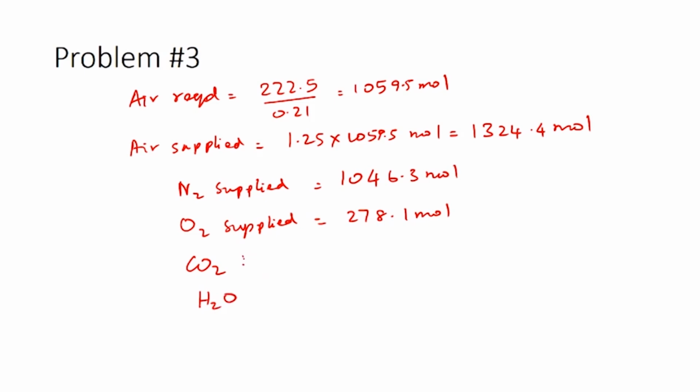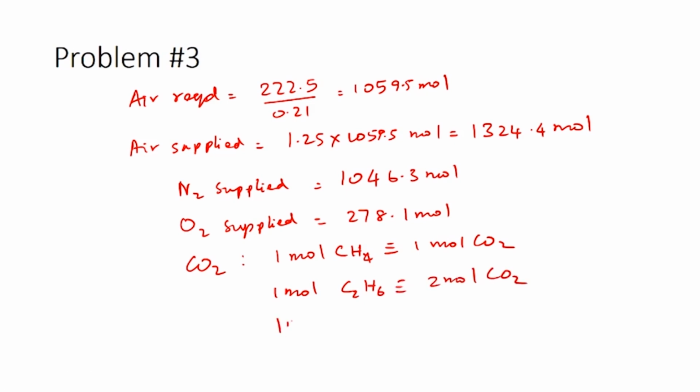So, to calculate the moles of carbon dioxide, we will use the stoichiometry. 1 mole of methane produces 1 mole of carbon dioxide, and 1 mole of ethane produces 2 moles of carbon dioxide, and 1 mole of propane produces 3 moles of carbon dioxide.